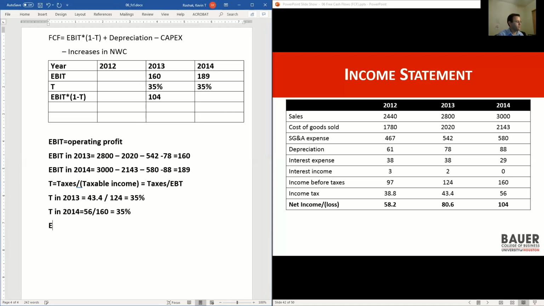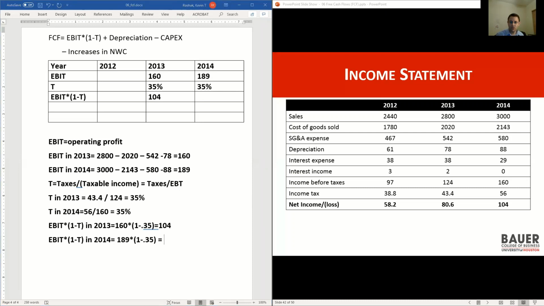May as well do 2014 while we're here. We had 189 now in EBIT, but again we had that 35% tax rate.